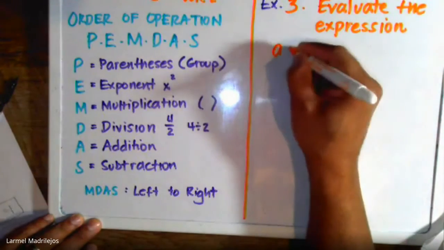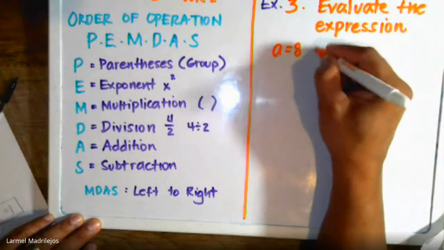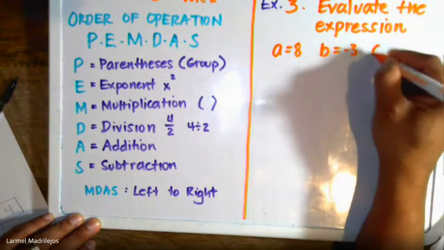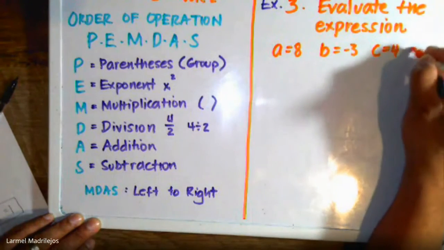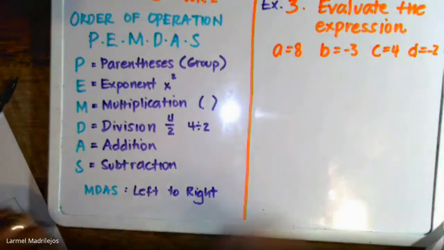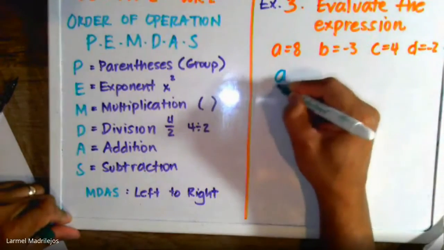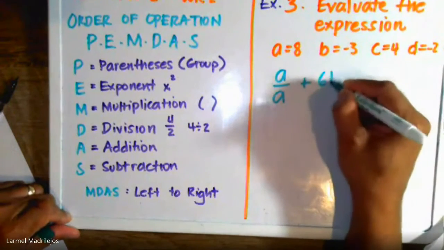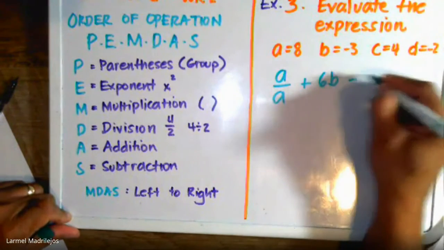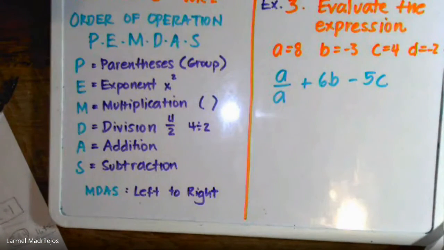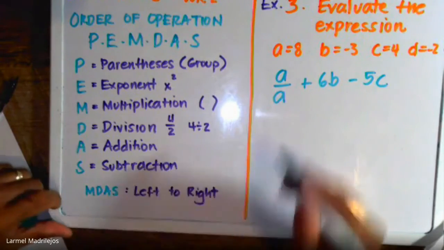When A equals 8, B equals negative 3, C equals 4, and D equals negative 2, I'll give you the expression A over A, or A divided by A, plus 6B minus 5C. If you remember last week, we talked about a parenthesis for every letter.